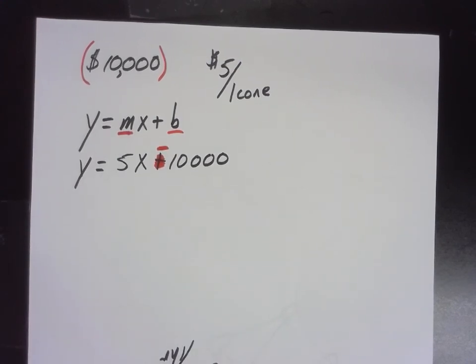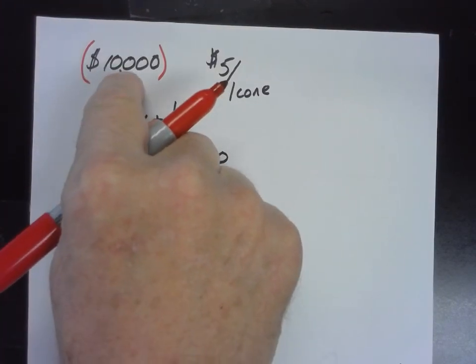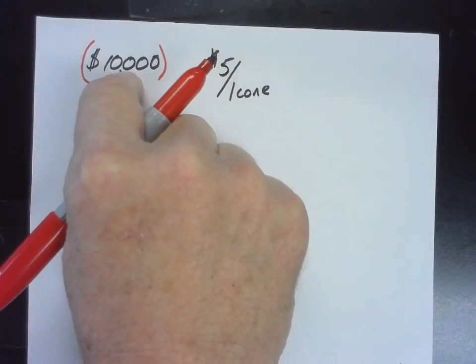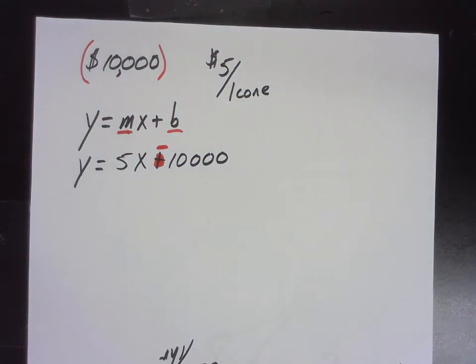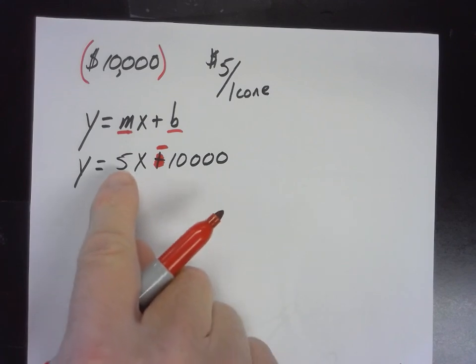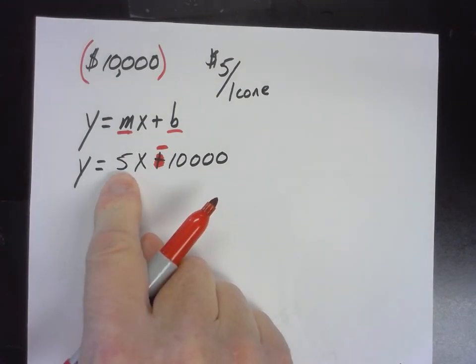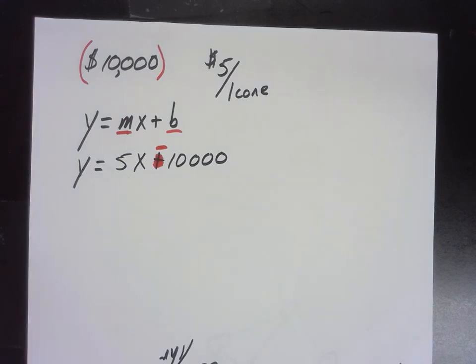We had to make an initial investment, okay? And so we're down $10,000. And this is pretty common. You have to borrow some money to start making something or start a business. And then I'd say the $5 per cone, I'd say that's a positive. You guys agree with that? That's what we're bringing in, right? So this is a little bit better.